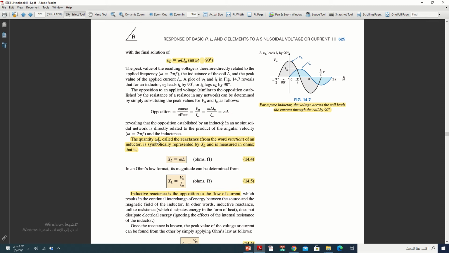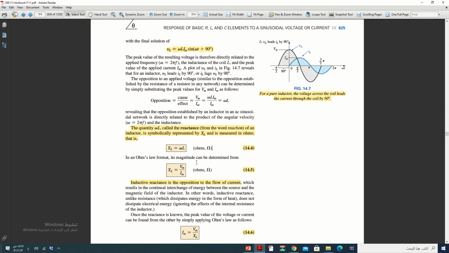The quantity omega L is called the reactance, from the word reaction. The reactance of an inductor is symbolically represented by XL, and from now on we will say XL, measured in ohms. Now we have the resistor in ohms and XL in ohms, a similar unit.